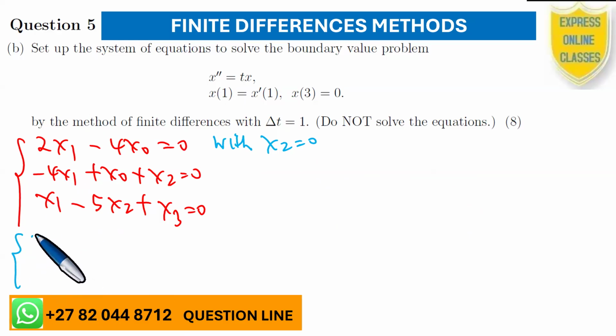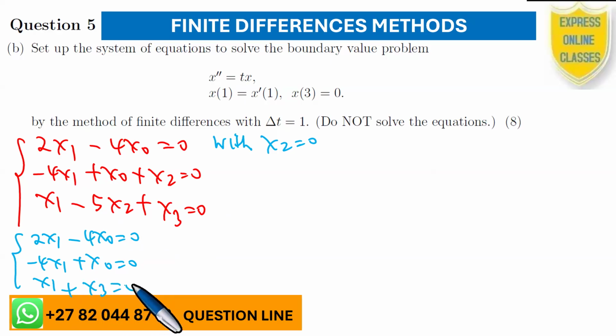If x2 equals 0, you have 2x1 minus 4x0. x2 is 0, which means you have minus 4x1 plus x0 is 2. Then x2 is 0, which means you have x1 plus x3 equals 0.